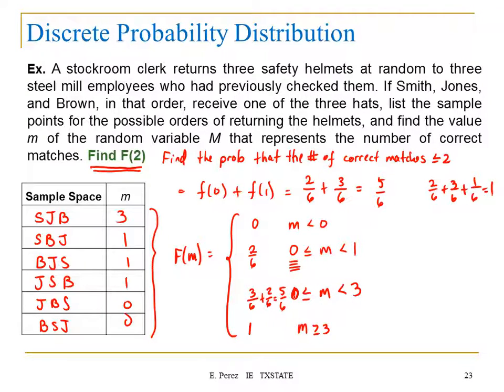Let me double check this. Yeah, but then the last one needs to be predefined again, because you will have to include all the last variable.